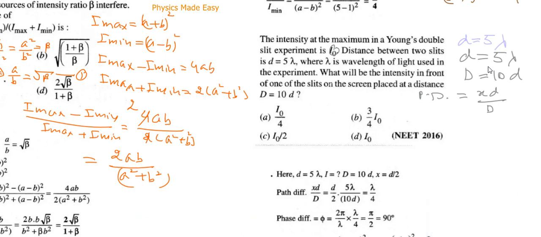Now I will put all these values. So this will be equal to, first, I have got lambda here. I will put all the values. Now x is given to be d by 2.